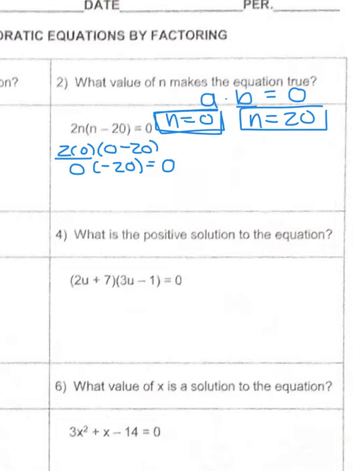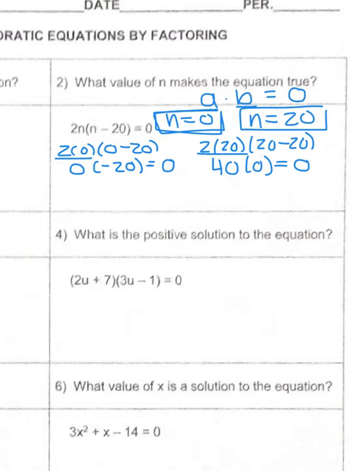On the other hand, we could also plug in 20 for n. So we do 2 times 20, and then 20 minus 20. That should be equal to 0, right? Well, let's look at it. 2 times 20 gives us 40. 20 minus 20 gives us 0. 40 times 0 is obviously 0.